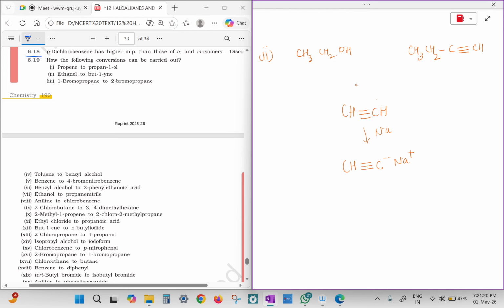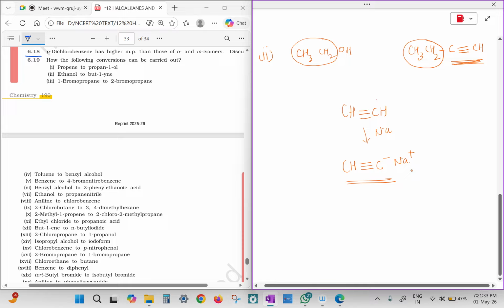How will you use sodium ethanide? See, from the starting alcohol, you have two carbons. So this seems to be coming from the alcohol. Can we not bring this in using sodium ethanide? Yes. But next, is OH a good leaving group? Is OH minus a good leaving group? No, ma'am.